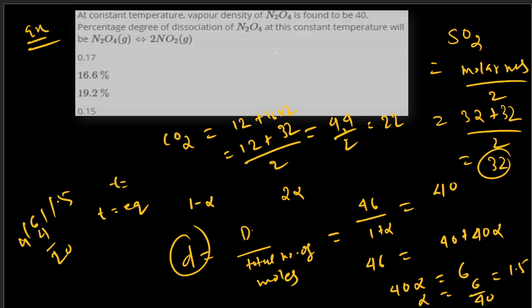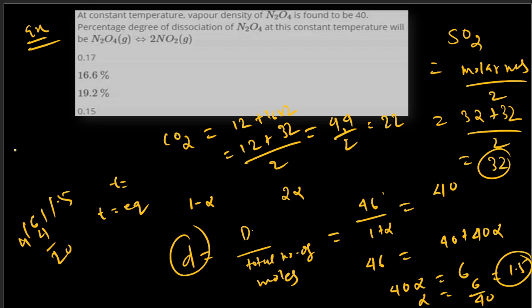So for N2O4 the real density D is 46. We calculate that from the molar mass of N2O4 divided by 2, and the total number of moles we get from the equilibrium, that is 1 plus alpha. So if you calculate, we get alpha. The observed molar mass and observed vapor density are nearly the same.